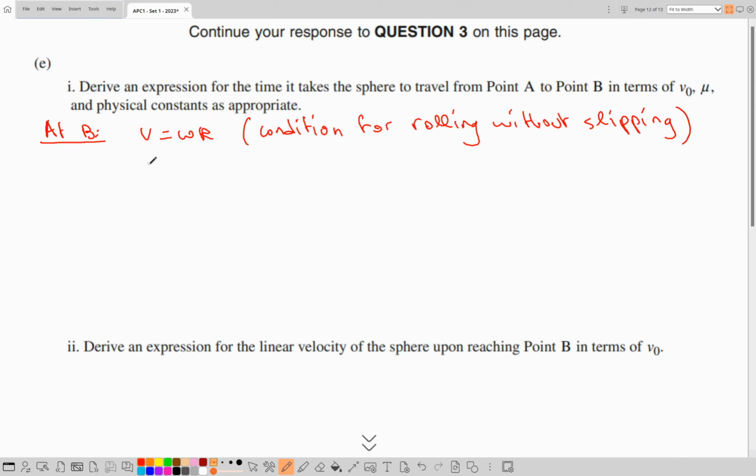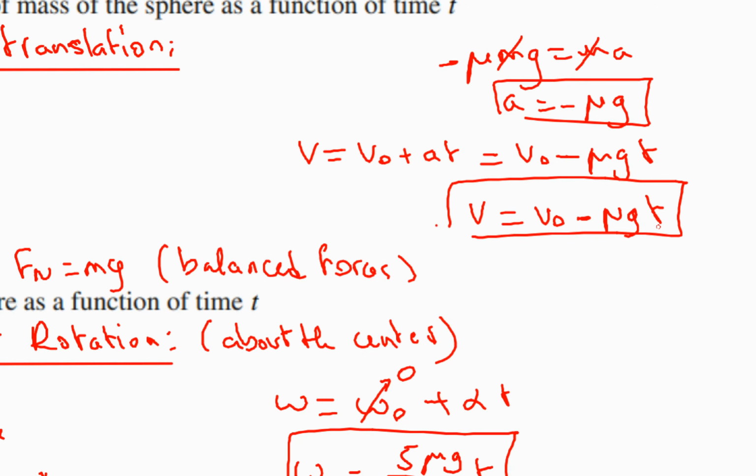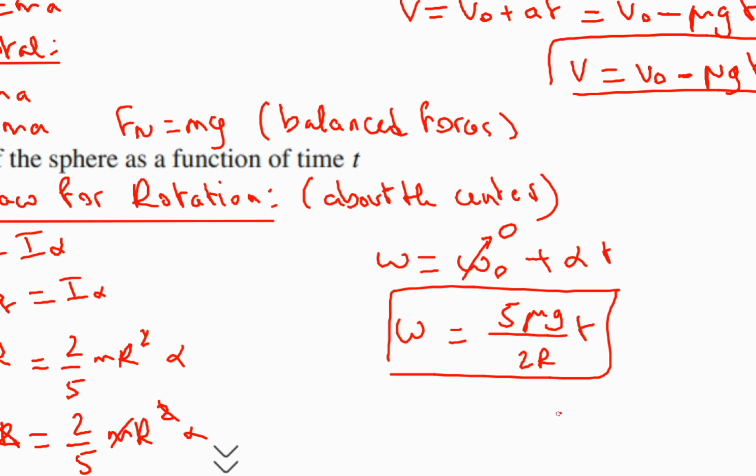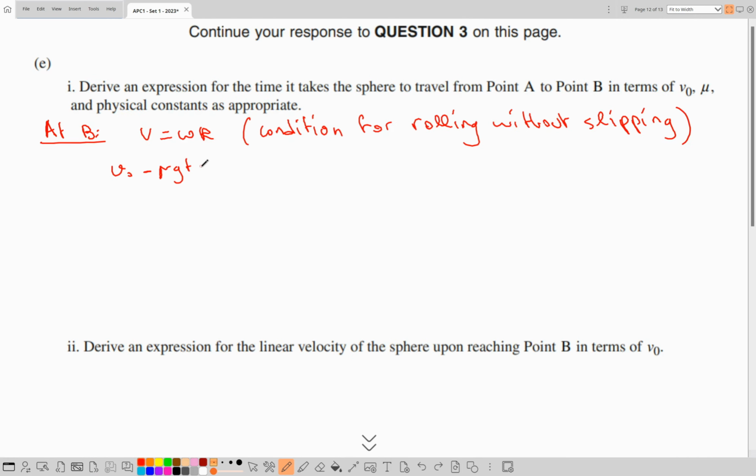Now v is given by the function v0 minus mu g t from the previous part, and we will replace omega by 5 mu g divided by 2r multiplied by t, and solve for t. So 5 mu g divided by 2r multiplied by t, that is omega multiplied by r.